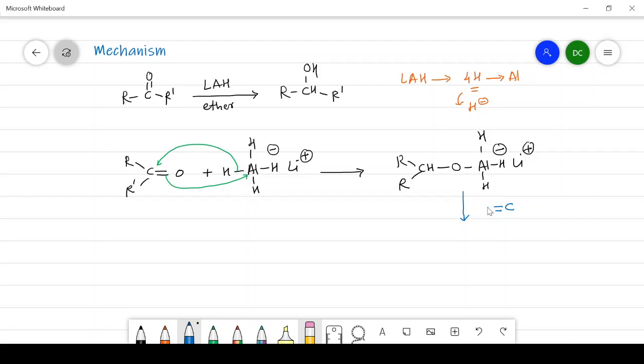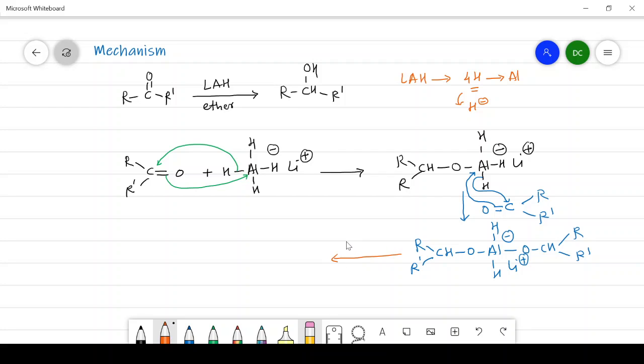In the next step, once again another ketone will react, the hydrogen will attack here, then this oxygen will attach with the aluminum, so that the second molecule also forms a bond with aluminum. Here I will write the second molecule, CH R, R dash, then the remaining two hydrogens with negative charge, and the presence of lithium positive.